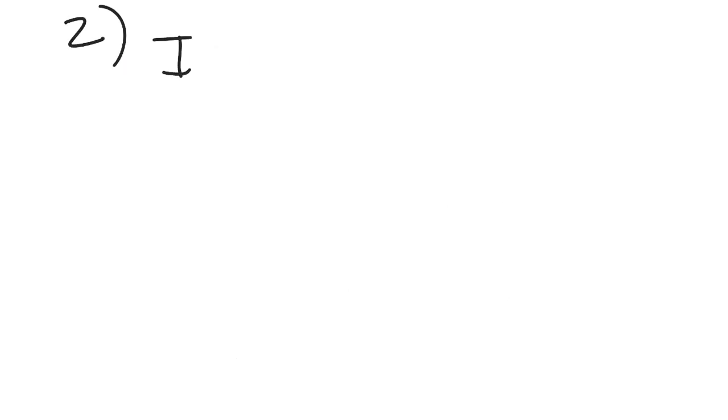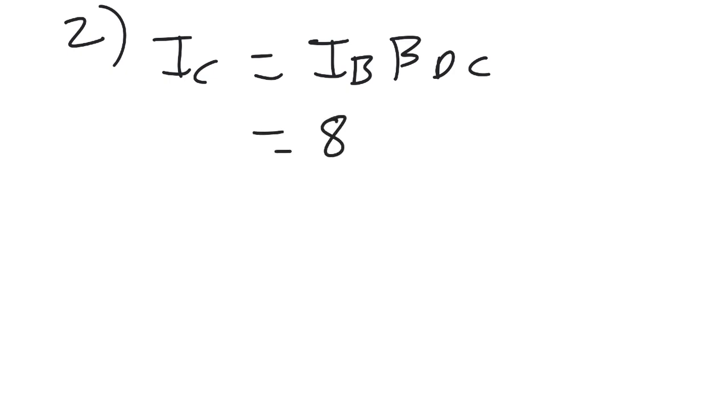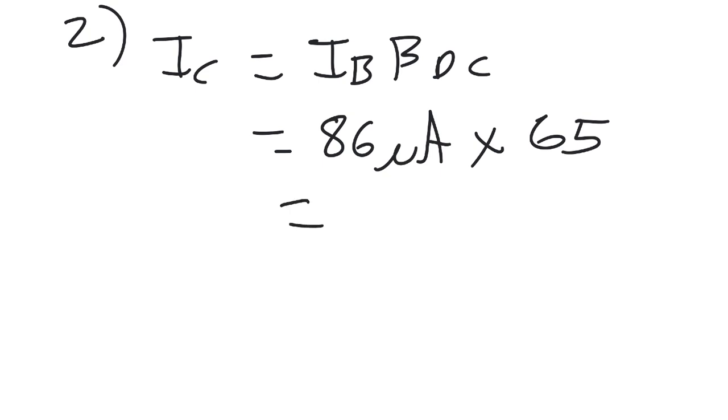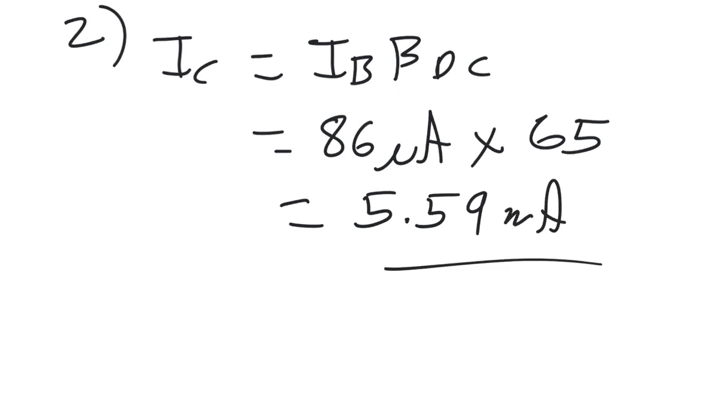Okay, collector current is base current multiplied by the current gain, and that was times 65, which gives 5.59 milliamps.